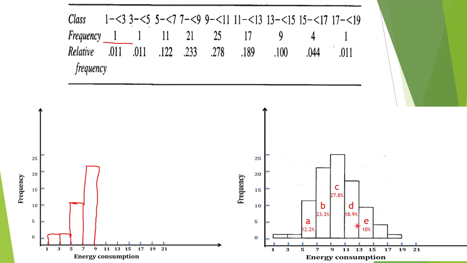For example, I have bar A, bar B, C, D, and E. So A is the third class, so it has 12.2% homes within this interval. And for B bar here, we have 23.3%. And for C, we have 27.8%. For D, 18.9%. And E, we have 10%.